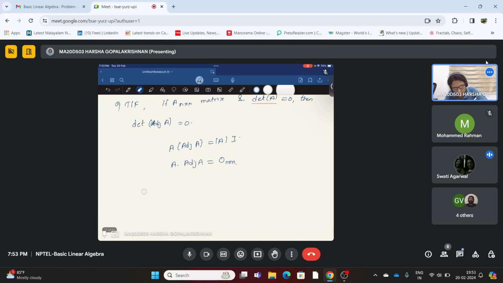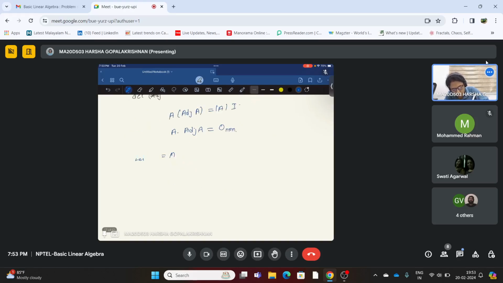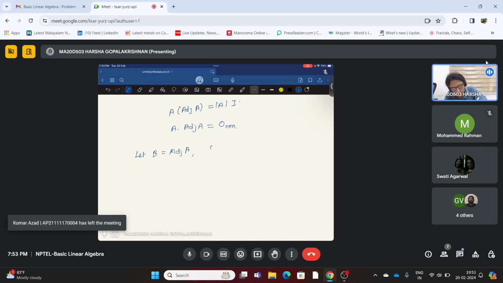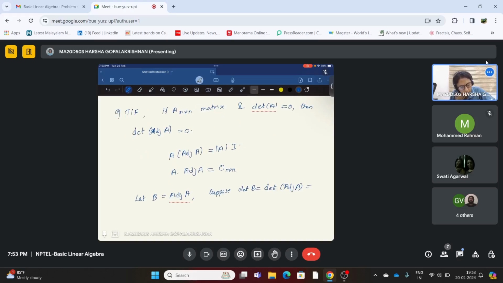Okay, for simplicity let B equal adjoint of A. Suppose determinant of B, the determinant of adjoint of A, is non-zero.